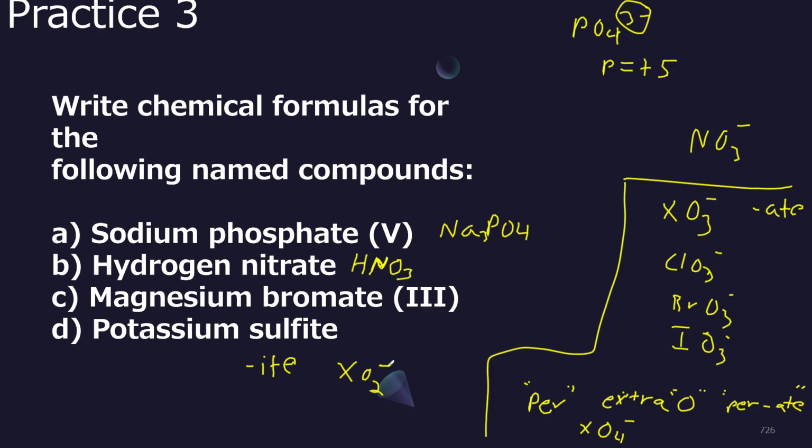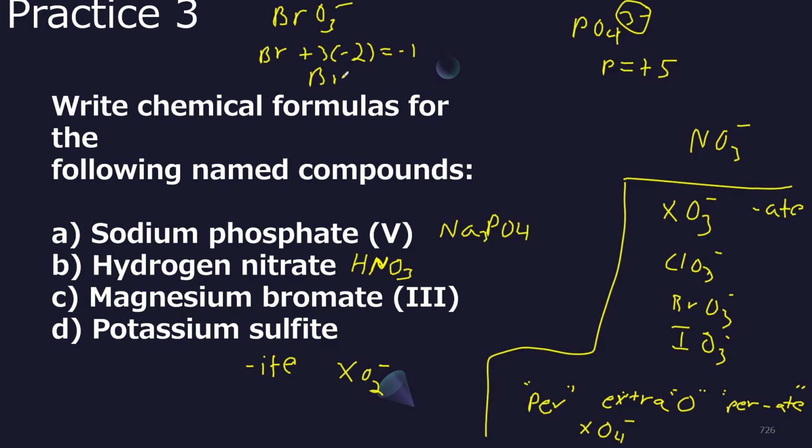You might start assuming that it's regular bromate. Regular bromate is BrO3-. But then you better find the oxidation state for that. Br plus 3 times minus 2 equals minus 1.